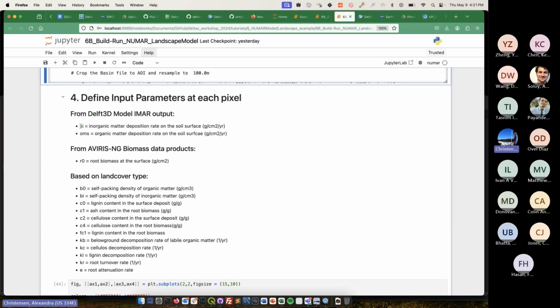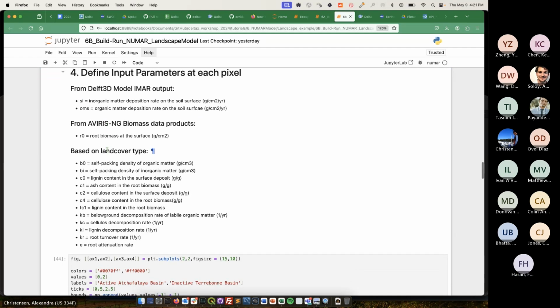So the model provides the amount of deposition, and we assume the ratio of organic to inorganic is similar to what they found in the field. And then the average AVERS-NG above ground biomass data is used to derive the root biomass at the surface, and that was the equation that we saw earlier.